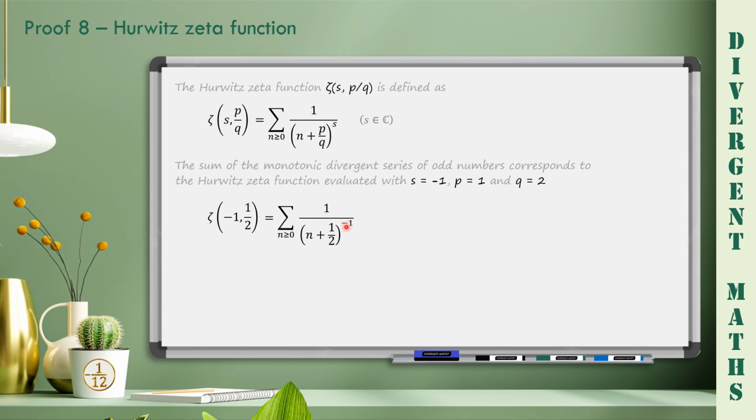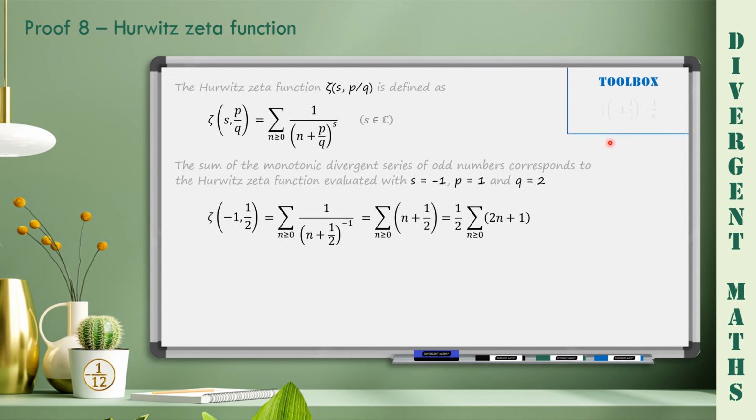Because the exponent is negative and we are in the denominator, we can pass that to the numerator. So it's equal to the sum from n equals 0 to infinity of n plus 1/2, which can be rewritten by factoring 1/2 in front as 1/2 of the sum from n equals 0 to infinity of 2n plus 1.